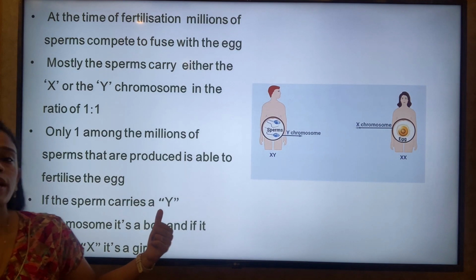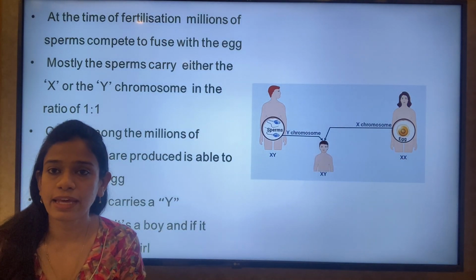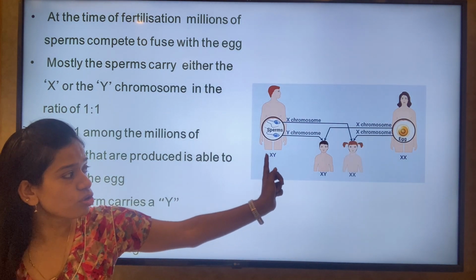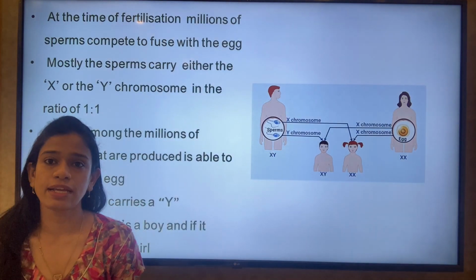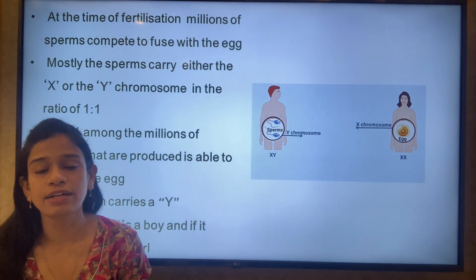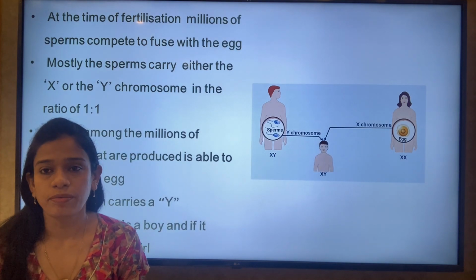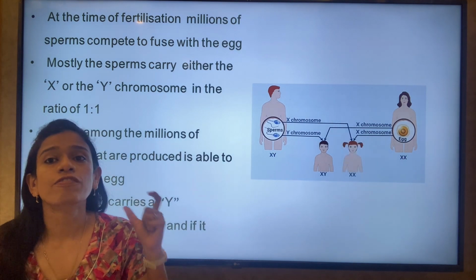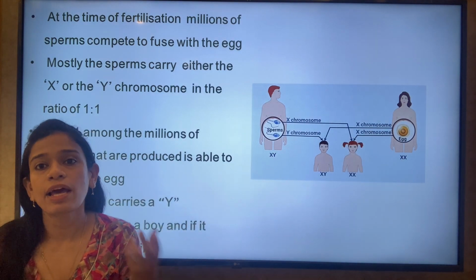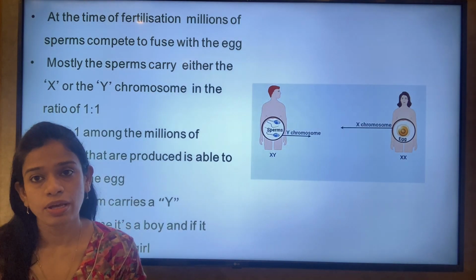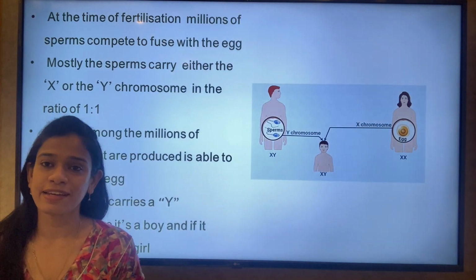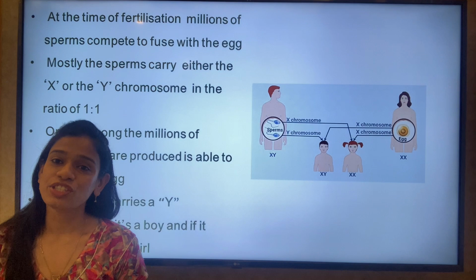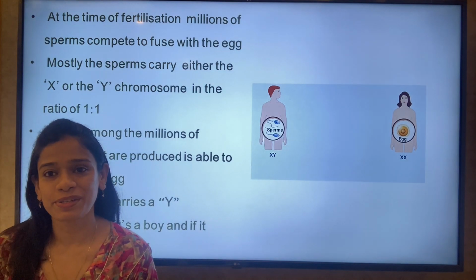If the sperm carrying a Y chromosome fertilizes the egg, it becomes XY, that is a male. If the sperm carrying an X chromosome fertilizes, it becomes XX, and that is a girl child or a female. So this explains that it is the father or the male who decides the sex. So isn't this very interesting? Obviously it is, and genetics is still more interesting.